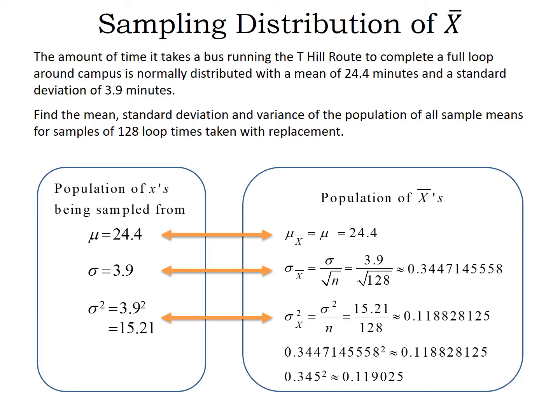When you square that, you get 0.119025, which rounded to 3 decimals is 0.119. Notice that the third decimal place may not be the same at that point. So you always want to be careful that when you round, you don't round rounded numbers. Go back to the originals as best you can.